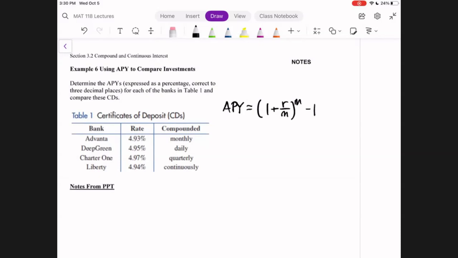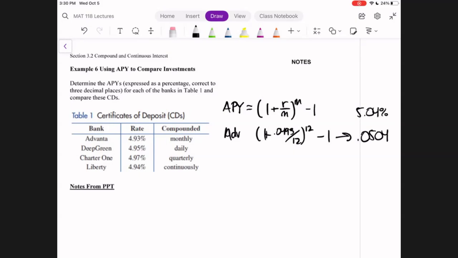So for Advanta, this would be 1 plus 0.0493 over 12, raised to 12, minus 1. If I key that in, I get 0.0504, so 5.04%.